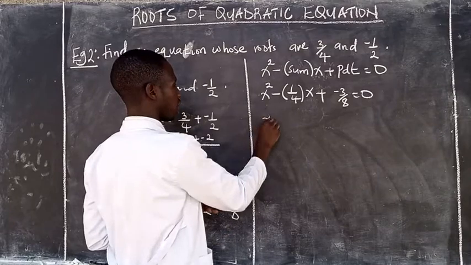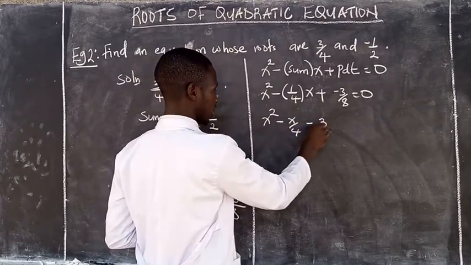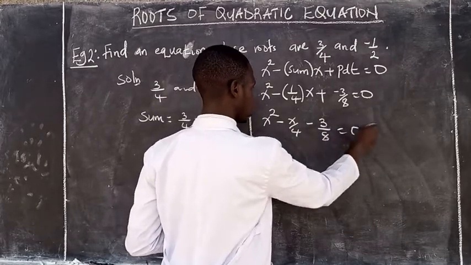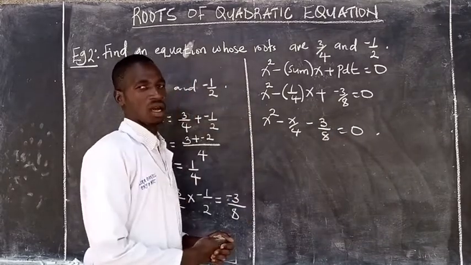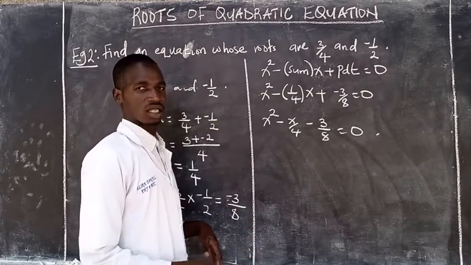Eventually, we shall have x squared minus x over 4 minus 3 over 8 equal to 0.